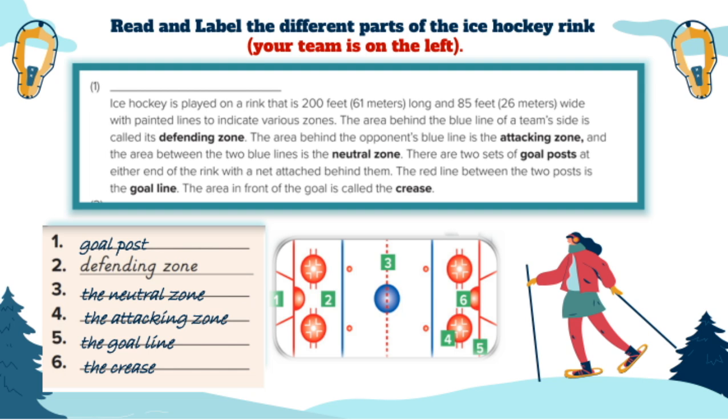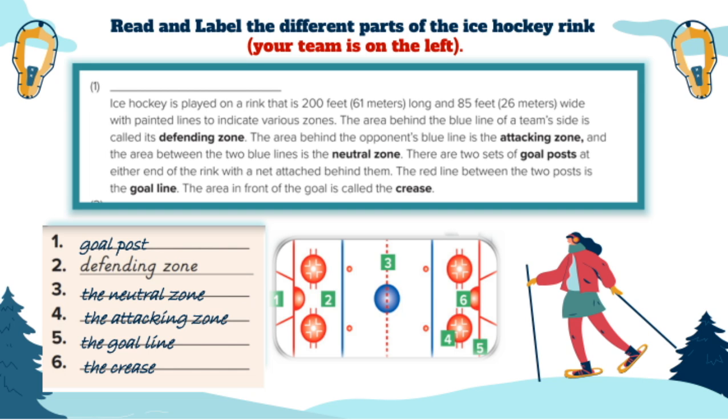Moving outward, we reach the defending zone, where your team is primarily focused on preventing the other team from scoring. Adjacent to that is the neutral zone, the middle section of the ice, acting as a transitional area where teams try to gain control and set up attacks. Then, we come to the attacking zone, where your team aims to create scoring opportunities and keep pressure on the opponent's goal.